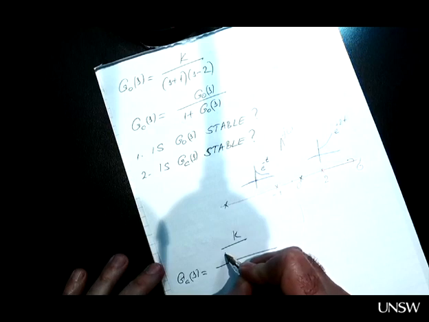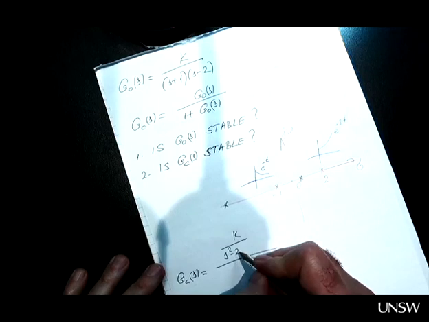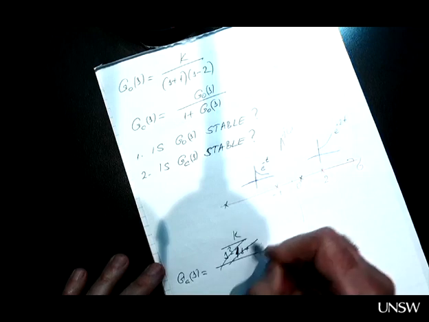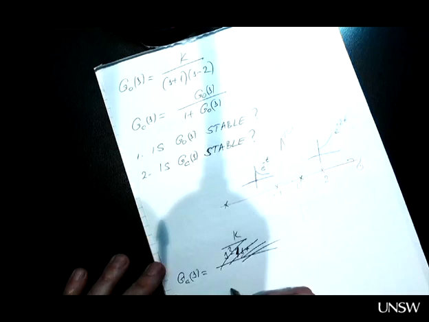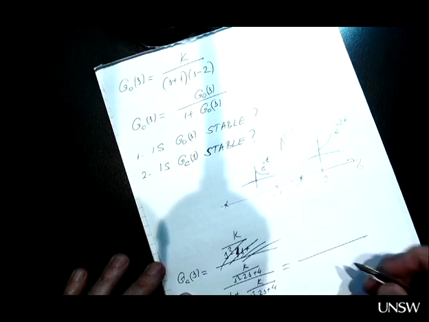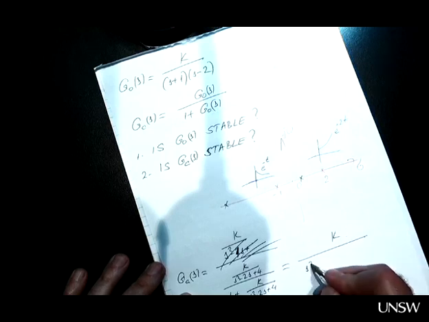So it's S squared minus 2S plus 4. Okay, so GC equals K over S squared minus 2S plus 4. Down here you have 1 plus K over S squared minus 2S plus 4, which will be equal to K over S squared minus 2S plus 4 plus K.